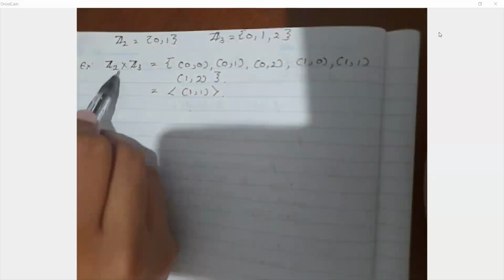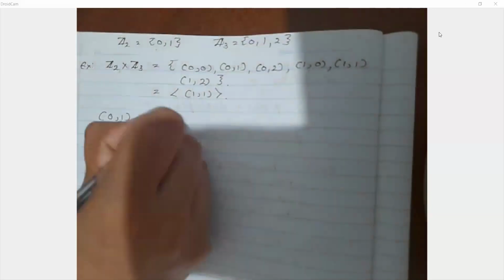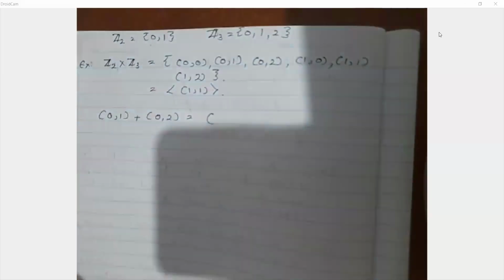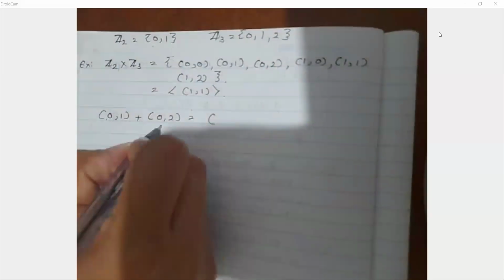Now, how do we define addition over this group? What we do is we add component wise, and the addition would be addition modulo. For the first component, it will be addition modulo 2. Second component, it will be addition modulo 3. For example, if we take 0, 1 plus 0, 2, we add component wise. First components always come from Z2.